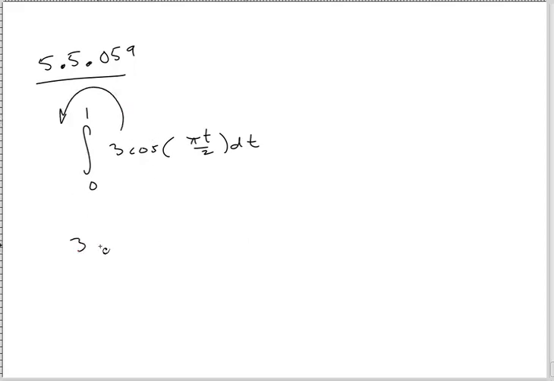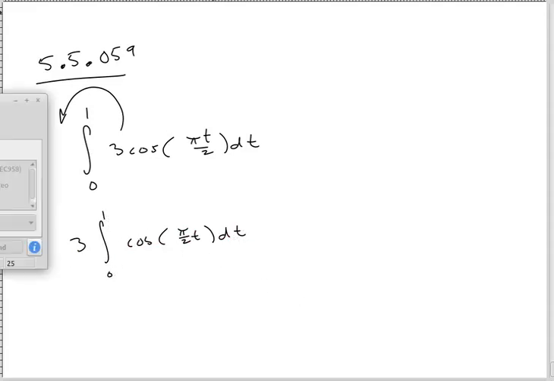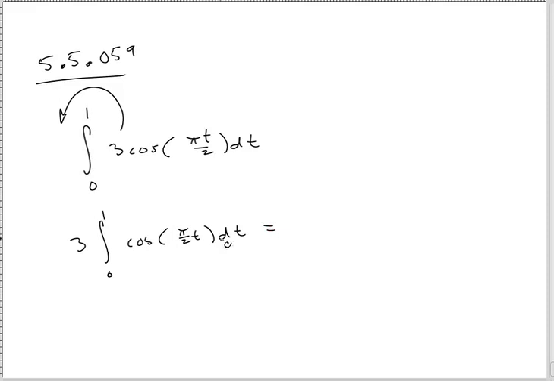Well, the 3 is going to come out. And so then we got the pi over 2 t dt, and we're still going to have to figure. Okay, so where was I? Sorry, sometimes things happen. So the 3 comes out, we got a cosine, and I'm just going to zoom ahead here.